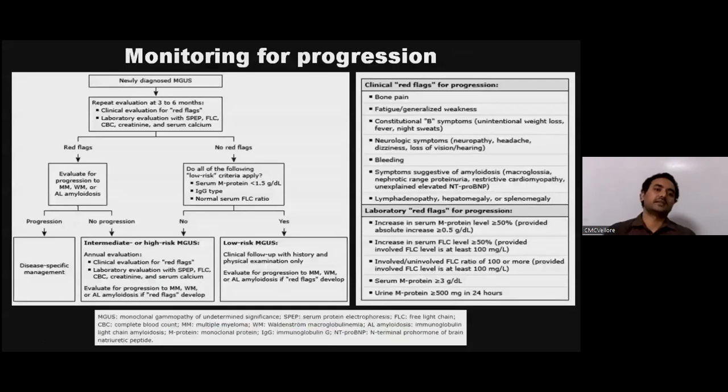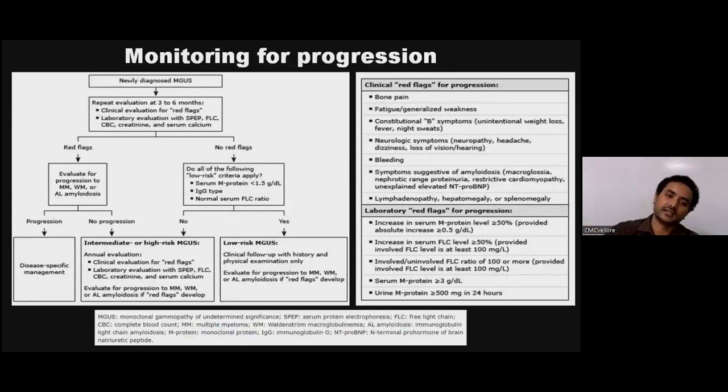So last one is how to monitor for the progression in the newly diagnosed MGUS. If it is newly diagnosed, we'll be keeping under follow-up. If it is an IgM only, we should be going further. If it is IgG, IgA without any other three things like POEMS, amyloidosis, MM, then it is a coincidental finding.